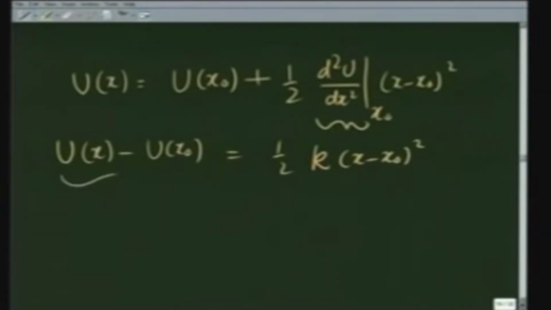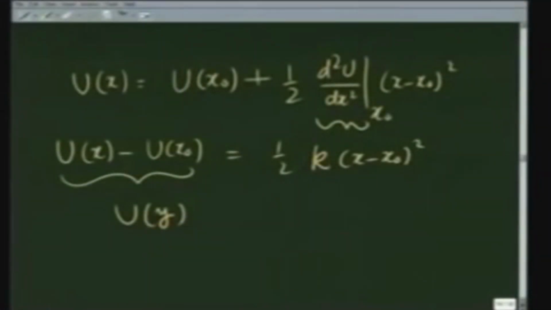If I call this u(y), by taking u at x0 to be 0, because as I said earlier, you always define potential energy with respect to a particular point, it is equal to 1/2 k y squared, where y I take to be x minus x0, or the displacement from the minimum.